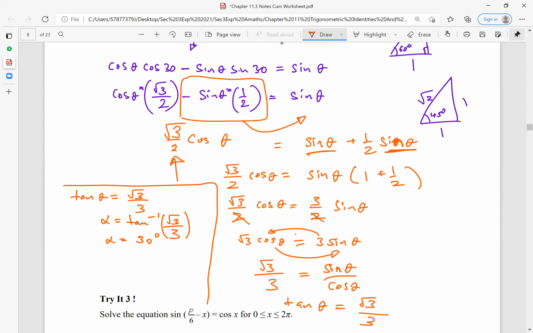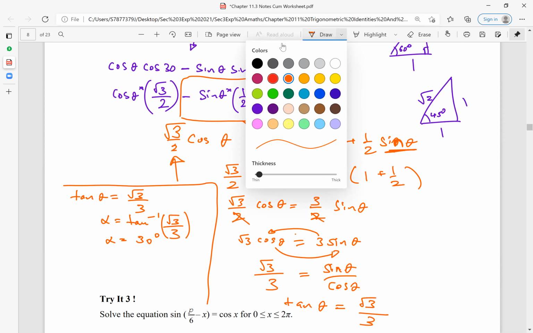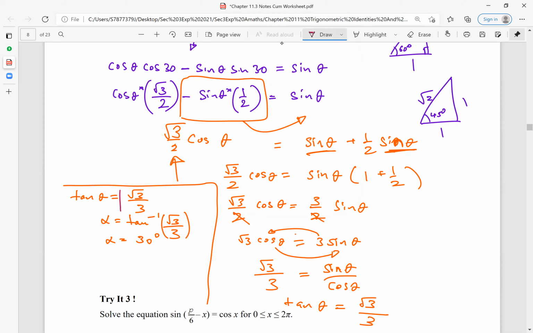And what is a crucial thing that you need to understand here? What is this? Positive, right? If it's positive, then it's in which quadrant? Tangent, where is it positive? In quadrant 1 and 3. Yes, quadrant 1 and 3.